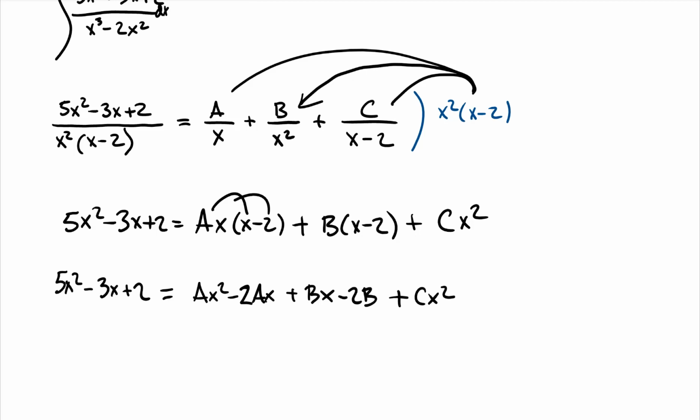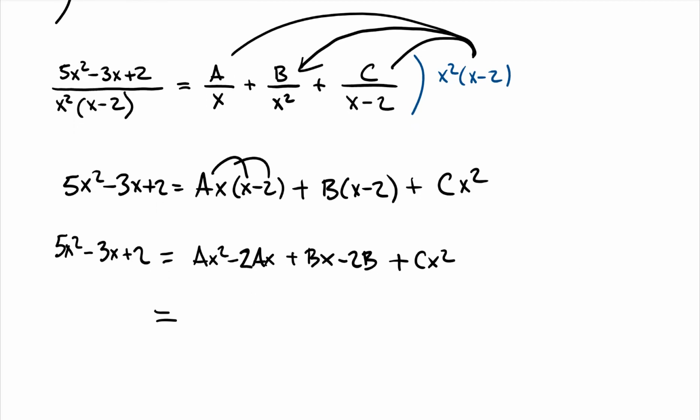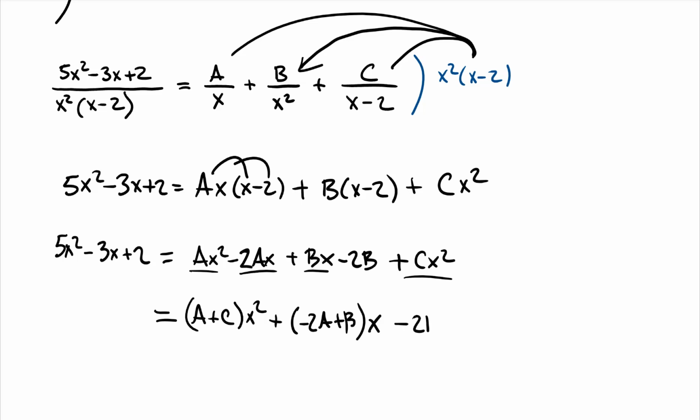And we're going to get a Cx squared. So now let's put all of our x squared terms together. That's just an A and a C. A plus C times x squared. Let's take all of our x terms. That's negative 2A plus B times our x. And then we're left with minus 2B is equal to 5x squared minus 3x plus 2.